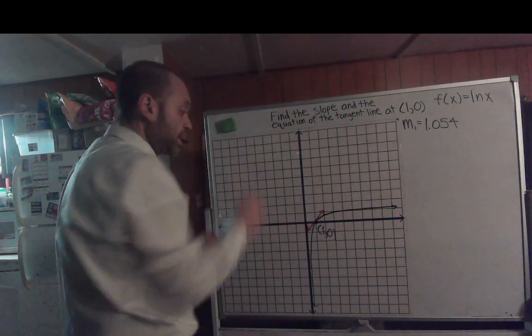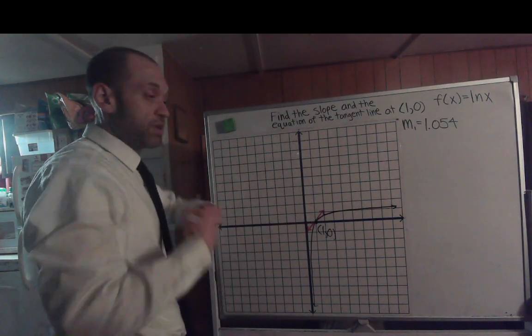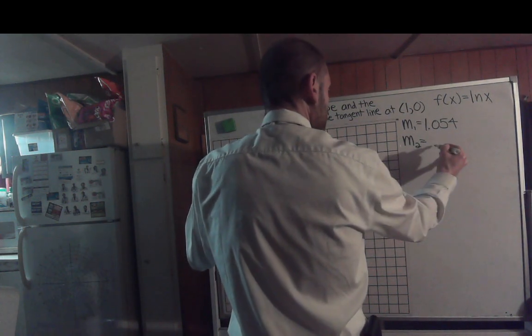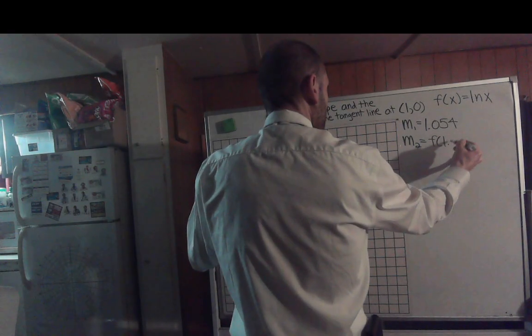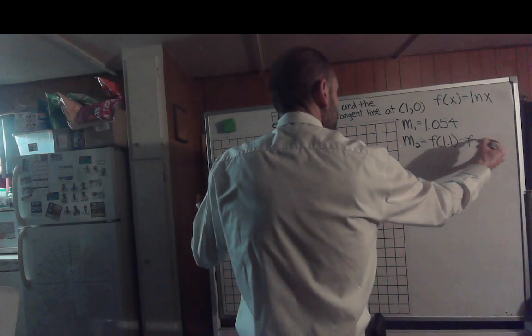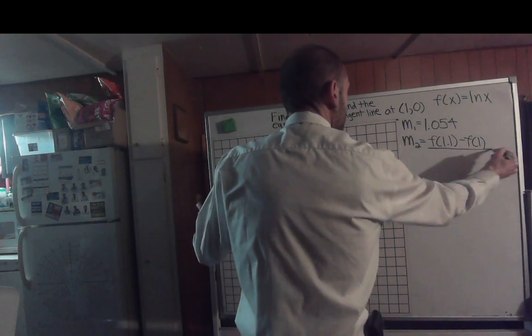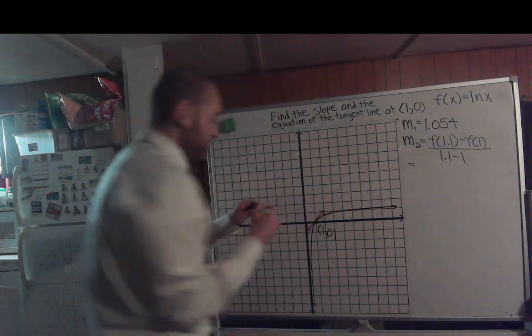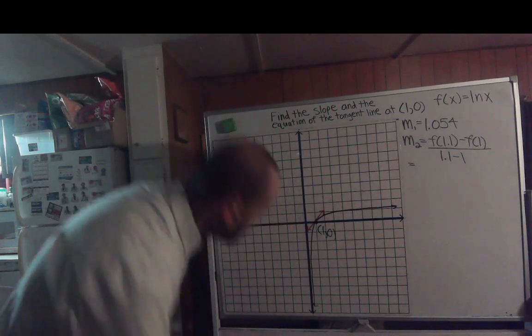Now let's find the slope of the second secant line. If we go to the right 1/10 of a unit, that would put us at 1.1 for x. So to find the slope of the second secant line, we'll take f of 1.1 minus f of 1, divided by 1.1 minus 1. Let's find what the natural log of 1.1 is.